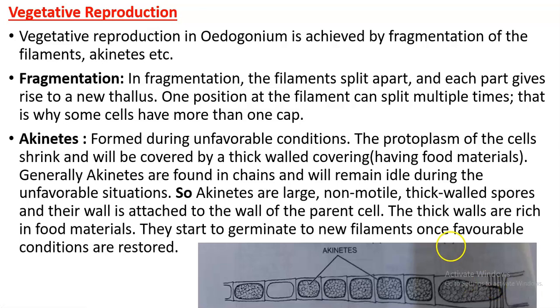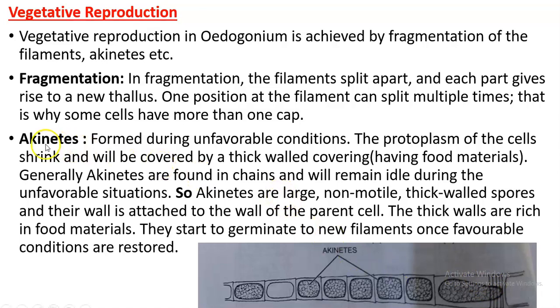And one more thing I missed to mention: if a particular cell has one cap, that indicates it has divided only once. If it has two caps, it has divided twice. If it has three caps, it has divided thrice. So the number of caps indicates the number of times the cell has divided. That is one thing you have to write.